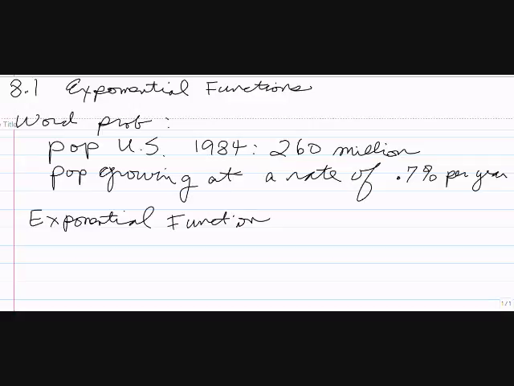Okay, so we'll use our exponential function format y equals a times b to the x. When we're doing application problems, a is not just the y-intercept. A is usually the initial value. And b is either the growth or decay factor.